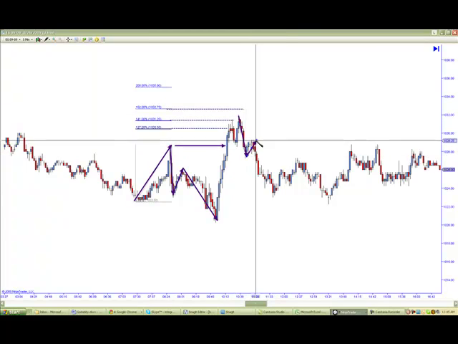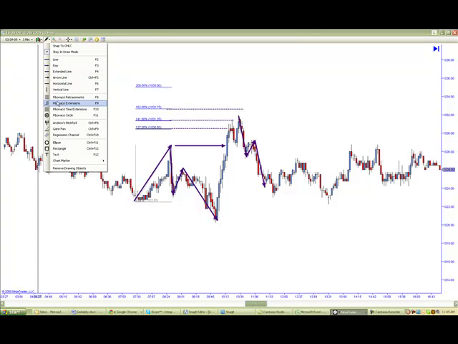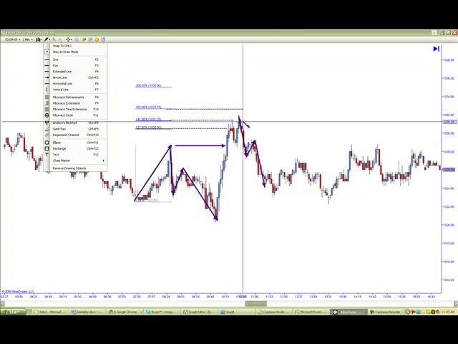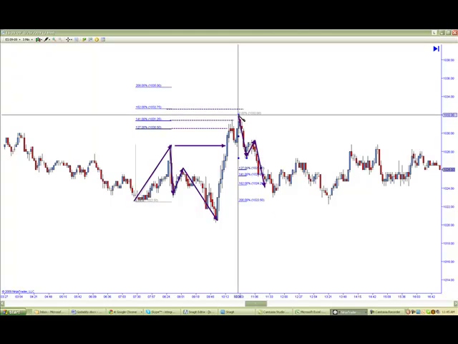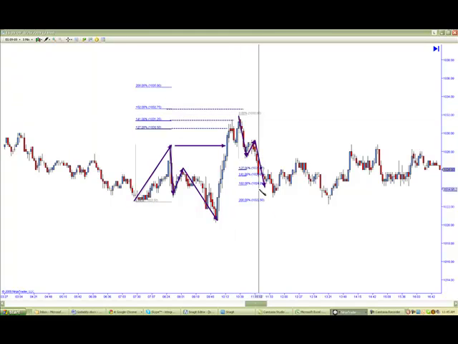Here's a leg. Comes up. Here's a leg. Do we see that story being told out with these fibs? Come back here, do the same thing. Draw your extensions. 162, bottom of that leg. Pull back.